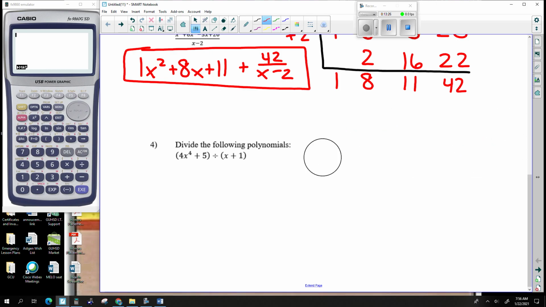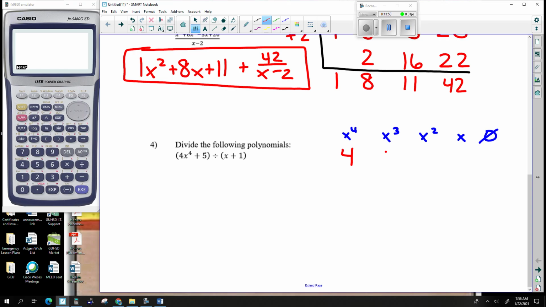Okay, so I again was mentioning how you can't have missing pieces. So if I begin this problem, this is a 4x to the fourth. All right, and so I have to represent the x to the third. So this is my x to the fourth. I have to represent the x to the third, x squared, x, and normal number, whether they exist or not.